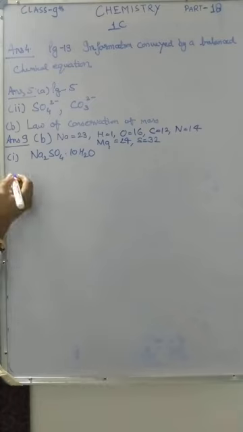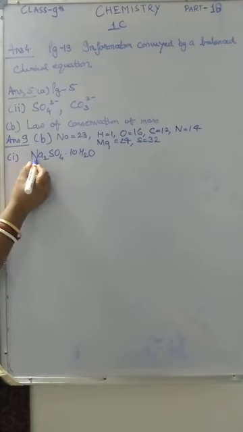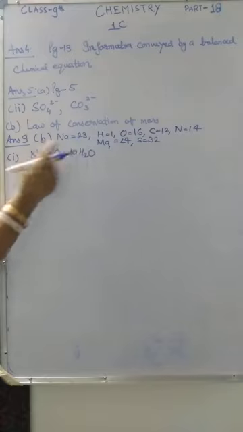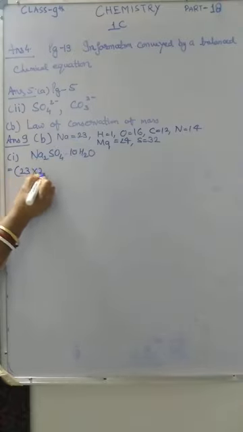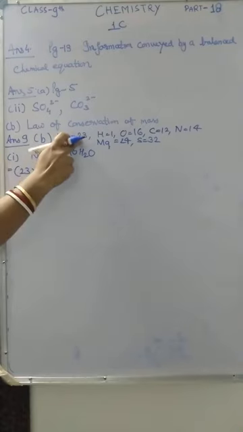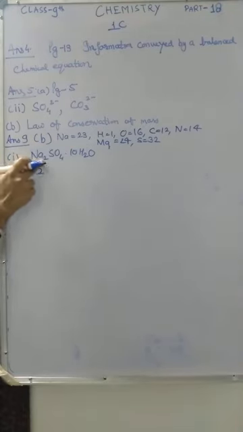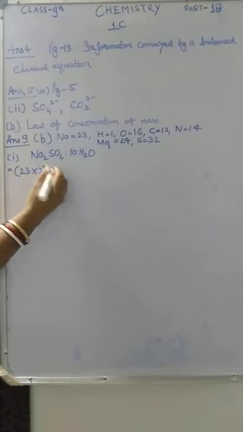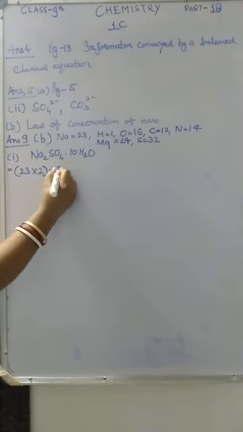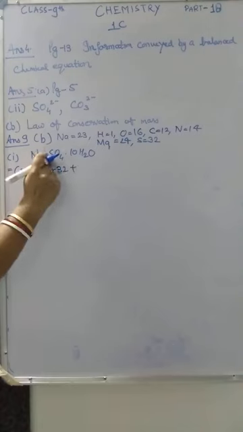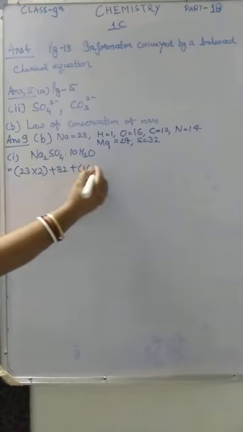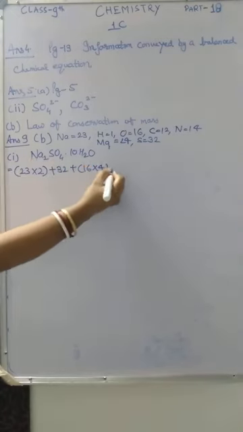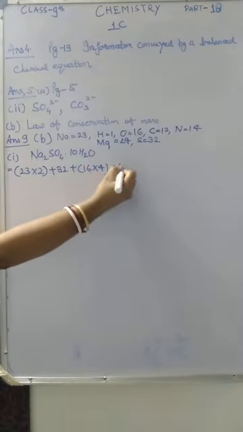See all of you very carefully. Sodium atomic mass is 23. 2 atoms are there. So 23 into 2. Since 2 sodium atoms are there, so you have to multiply it by 2. Then plus sulfur 32 plus oxygen 16. How many atoms are there? 4. 16 into 4 plus 10.